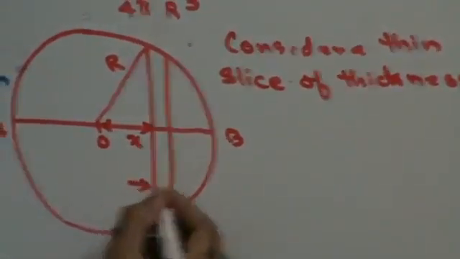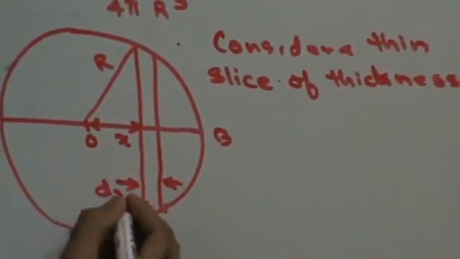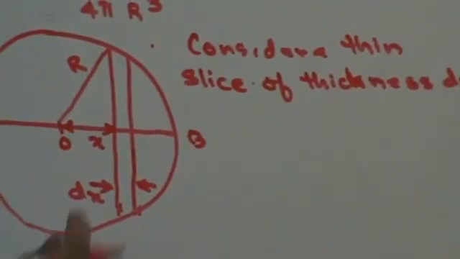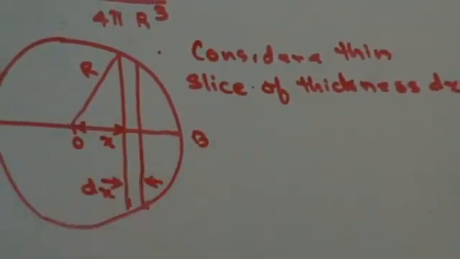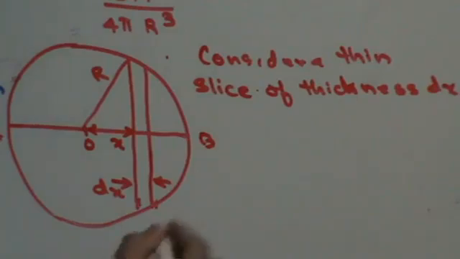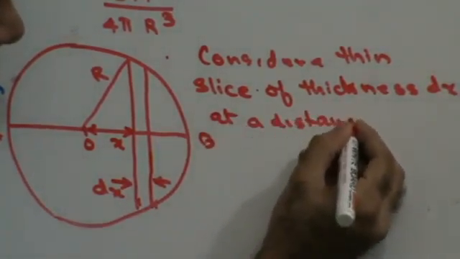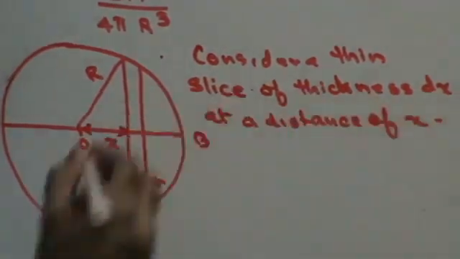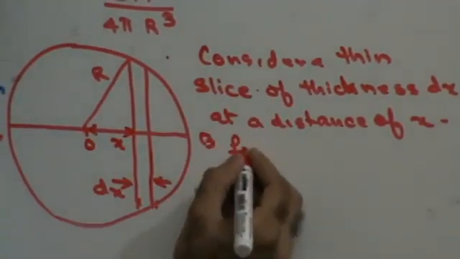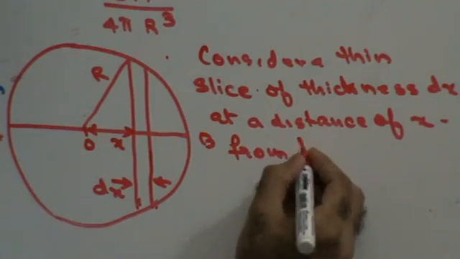Let's assume that this thickness is dx. Let's assume that the thickness of the slice is dx at a distance of x from the center of the sphere.